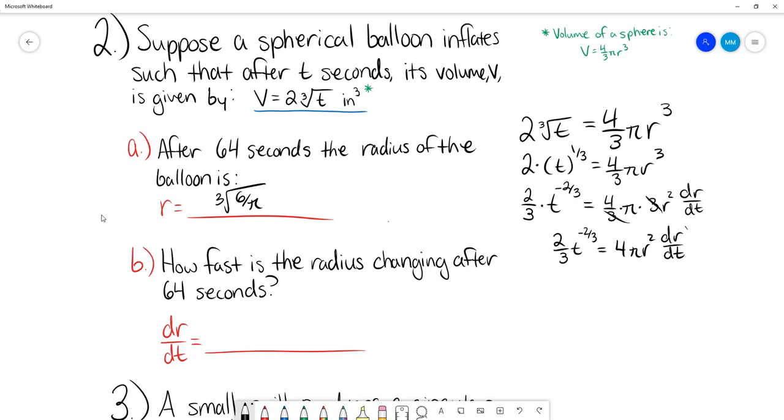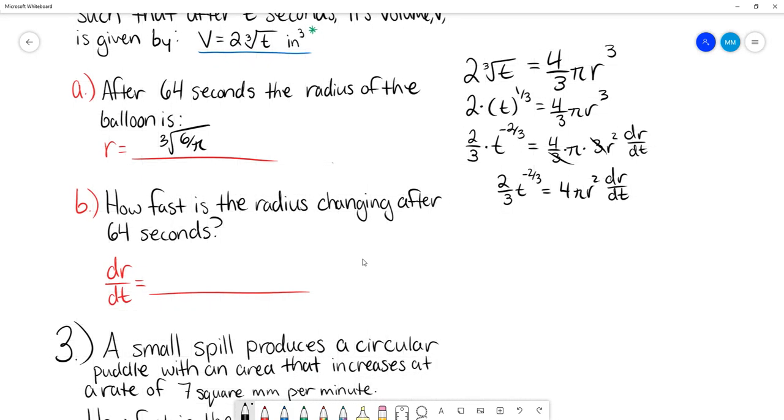Well, now we just have to solve for dr/dt. So I just have to divide this by this. And I'm actually going to go back and rewrite this t right here with my radical again, just because personally that's easier for me to read. So first, just so I don't lose anybody here, it's going to be 2/3 times 1 over t to the 2/3, right?